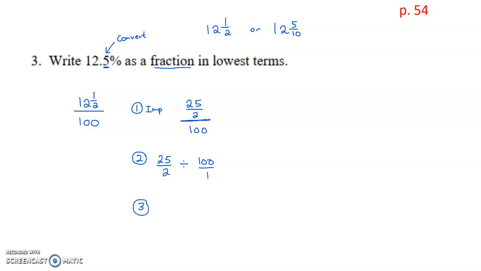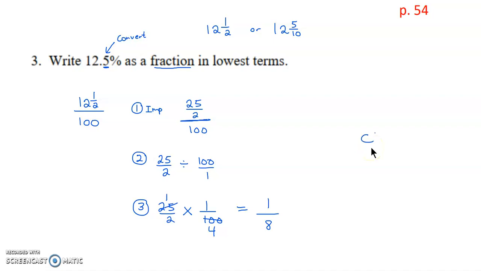And now I can solve. 25 over 2 multiplied by the reciprocal, which is 1 over 100. And I'm going to reduce. Divide by 25, divide by 25, and multiply. 1 times 1 is 1, 2 times 4 is 8.